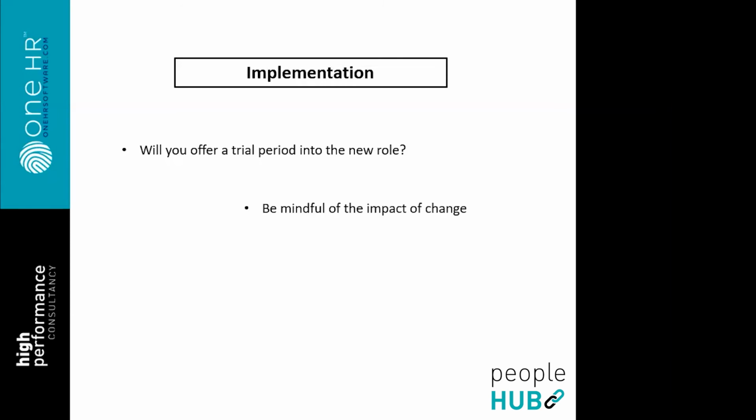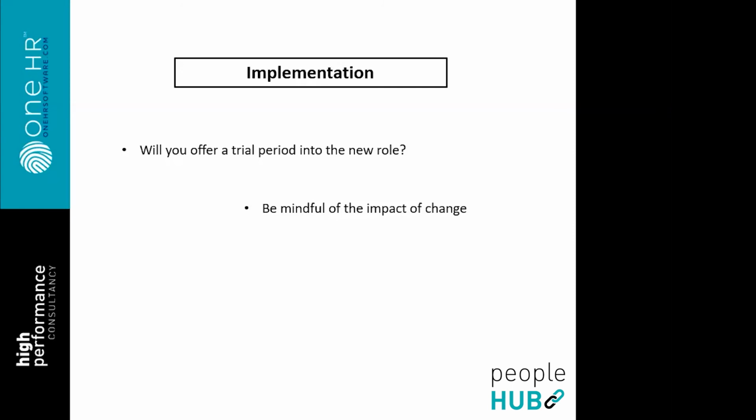And be mindful of the impact of the change. It's not only the people who have been made redundant that are impacted, it's obviously the rest of the team as well. That amount of uncertainty and the fact that they've seen job losses will impact them and their well-being. So it's important that you are mindful about that and be transparent and as open as possible about why these changes have been made, if redundancies have been made, and what the business is going to do to stop them in the future.